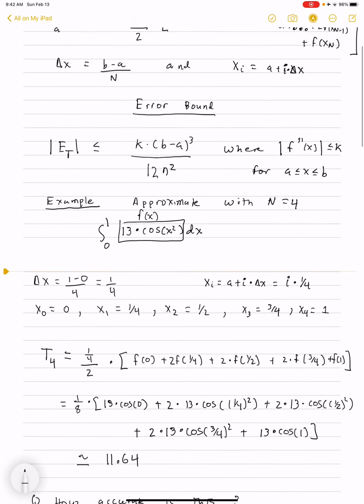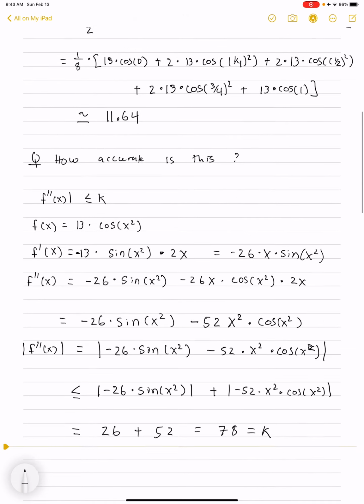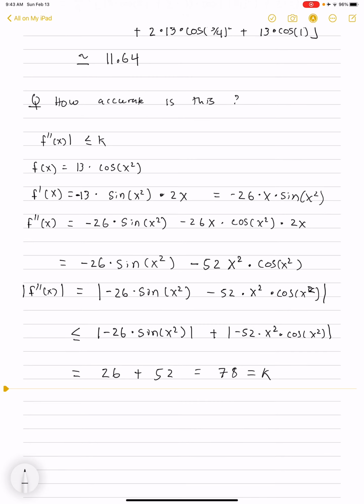I'm going to use this error bound for the trapezoid, which says the error is less than or equal to k times b minus a cubed divided by 12n squared. Okay, so we've seen this is the process for determining the value of k. We have f double prime, and its absolute value needs to be less than or equal to k.